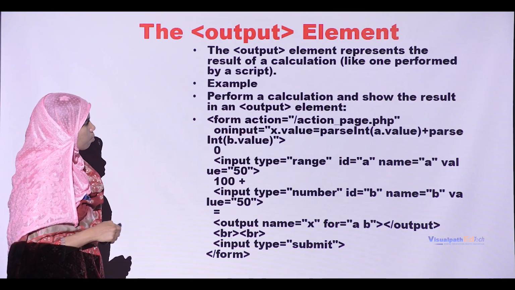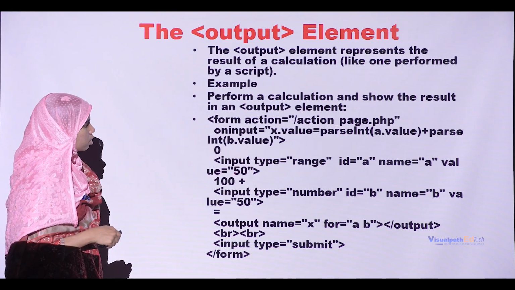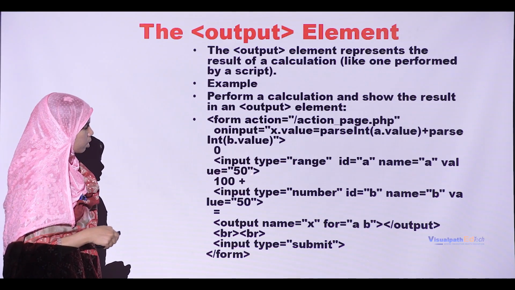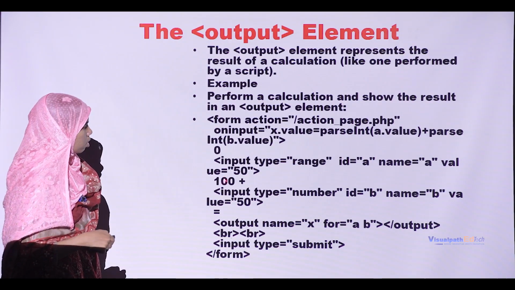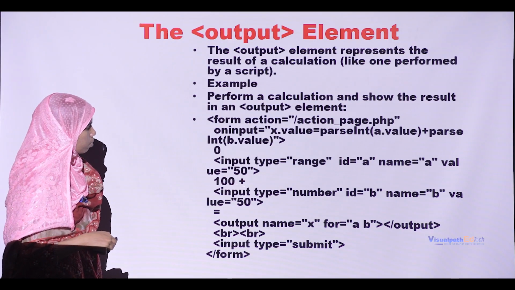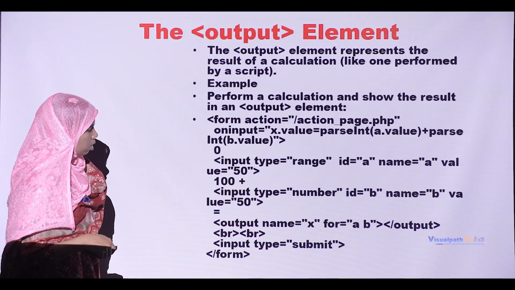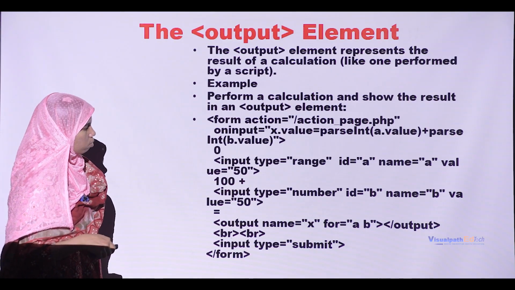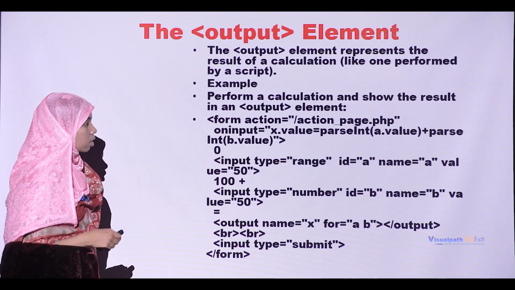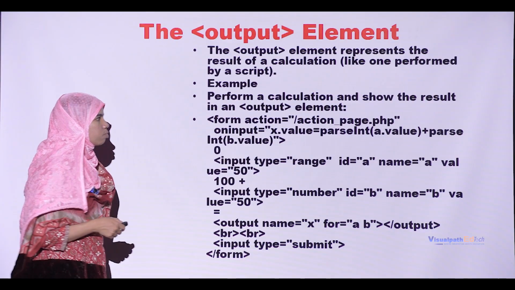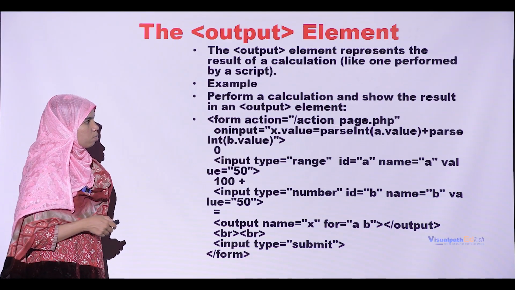You can see here the input value, whatever value we are inputting, we are parsing that value and then performing the sum here. What are we doing here? Giving the value, performing 100 plus. Okay, and once we submit, what does this actually perform? The calculation. Once I perform it, what is the output?